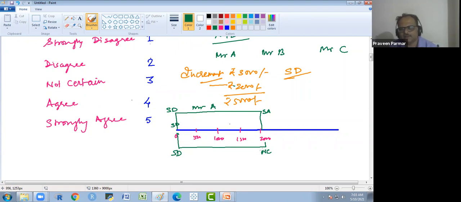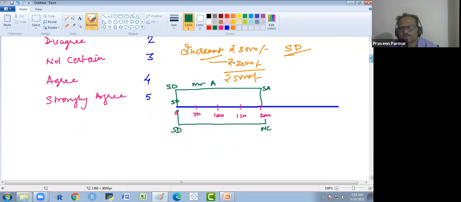I will put the numbers later on. And Mr. C, with the same amount, just decided. So if you see here, Mr. A went from 1 to 5, Mr. B 1 to 3, Mr. C 1 to 2.